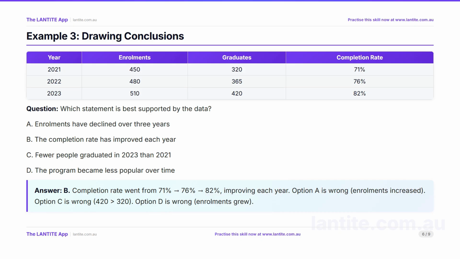Looking at that column, 71%, 76%, 82%. Yes, it increased every year. That looks right. Option C says fewer people graduated in 2023 than 2021. 420 is more. Wrong. Option D says the program became less popular. Enrollments grew every year, so this is wrong too. The answer is B.